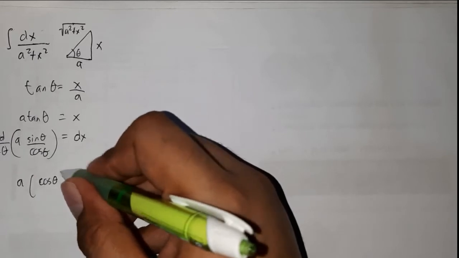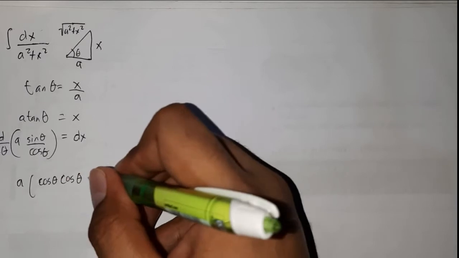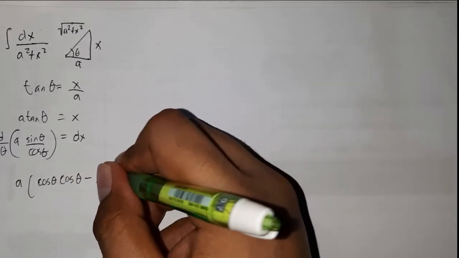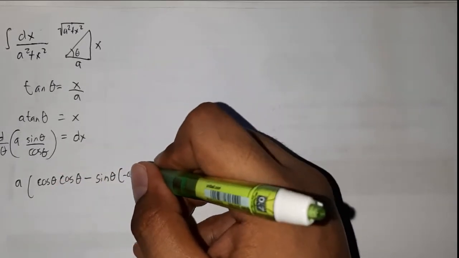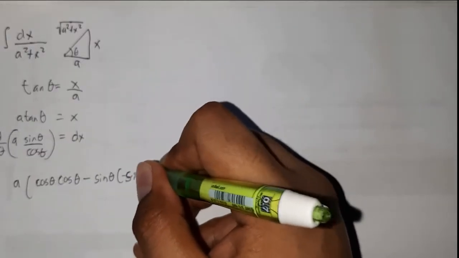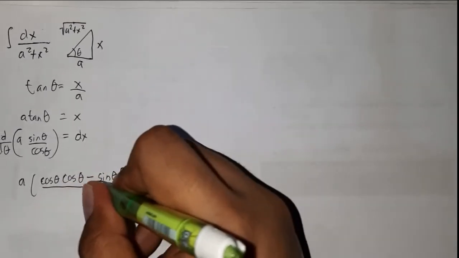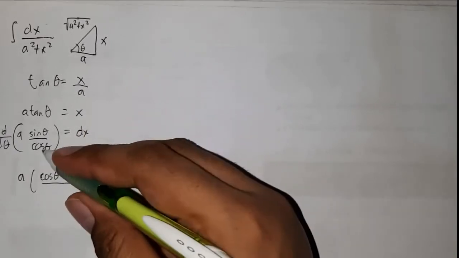plus times denominator, minus numerator times derivative ng denominator, negative cosine, negative sign na yan, negative sin theta. So, over ito, square ni denominator.